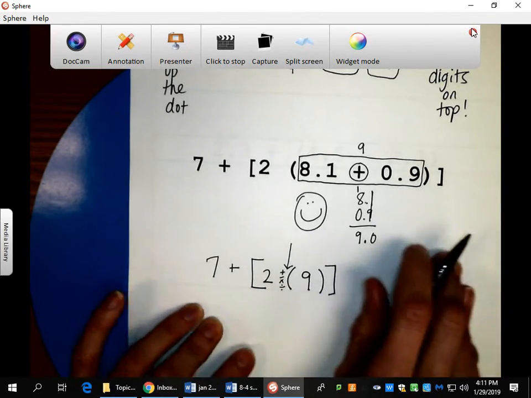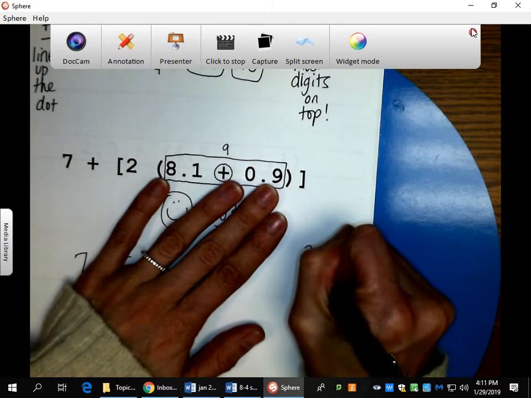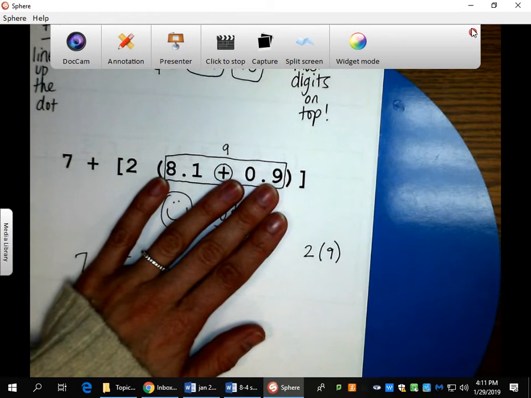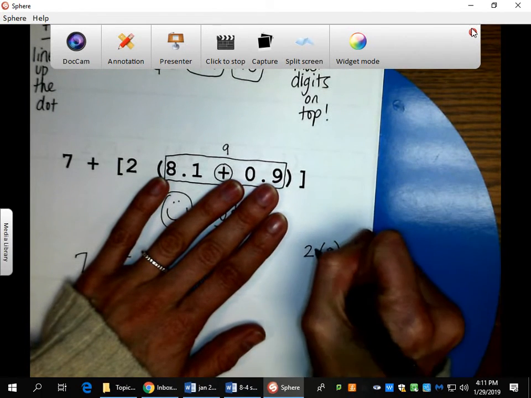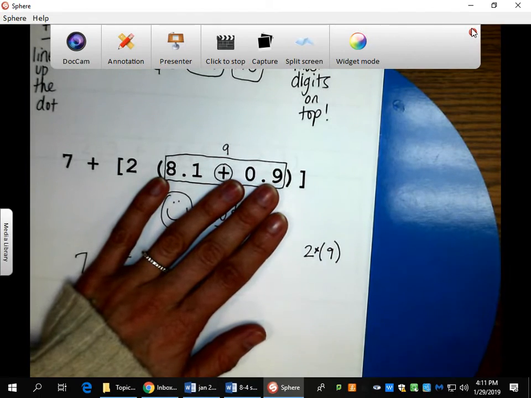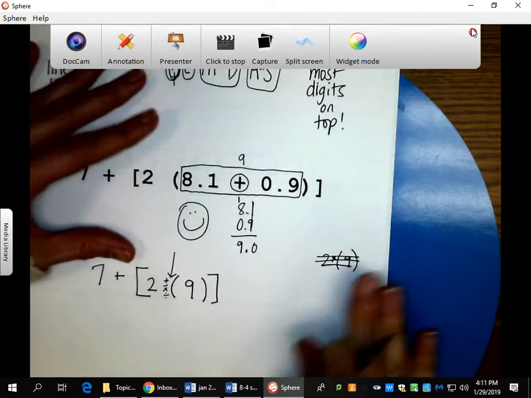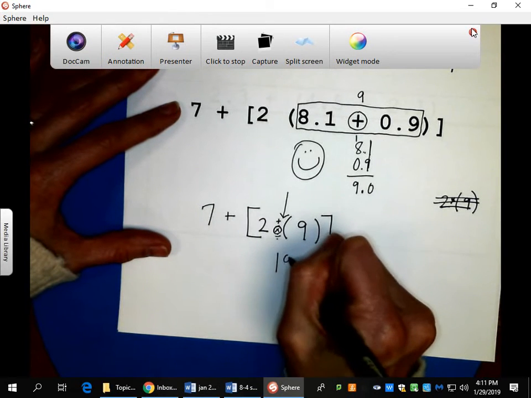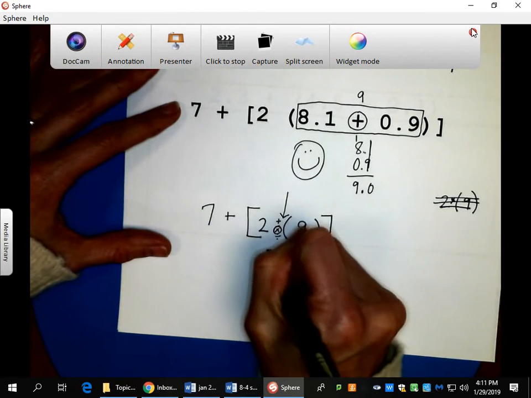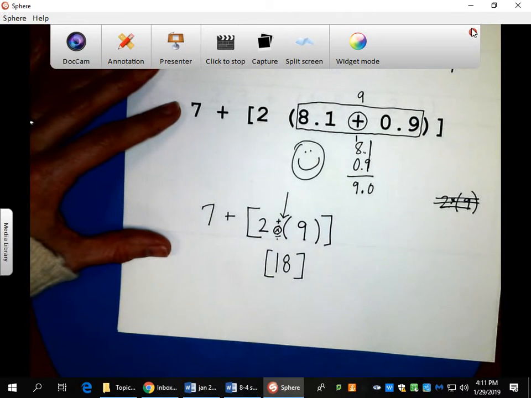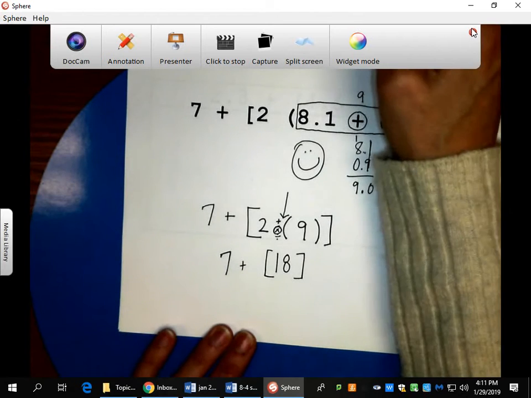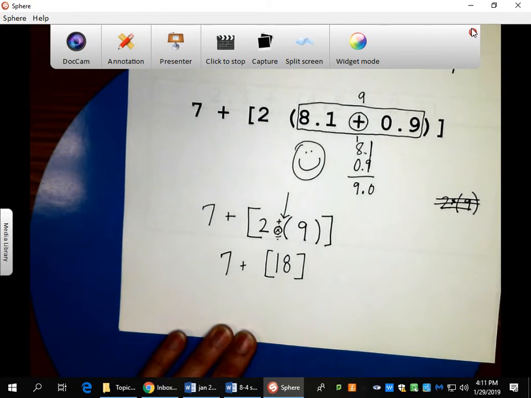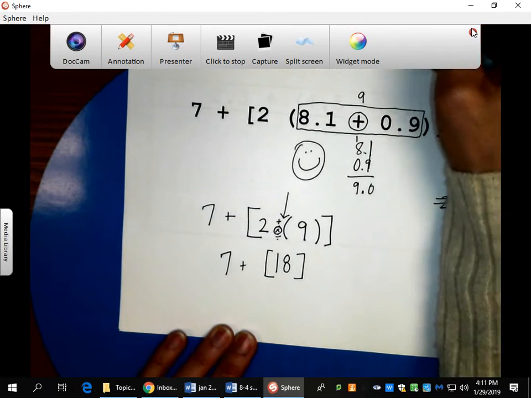Whenever you have two numbers, like 2 and 9 there, you have to assume that it's multiplication. So, this means 2 times 9, which is 18. So now in the brackets I have 18, so 7 plus 18. And now I don't have exponents, multiplication or division. I now have addition or subtraction.